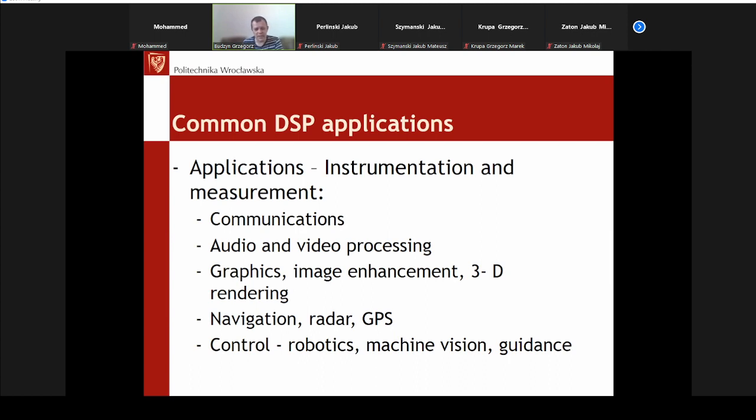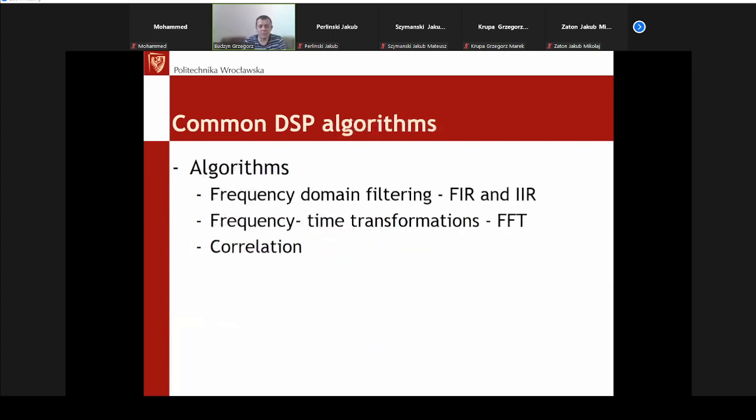I know that you are very much aware of it, but just to tidy things up, or in case somebody doesn't remember: communications, various kinds of filtering, modulations, of course audio and video processing, graphics, various kinds of 2D and 3D graphics, navigation around our GPS, plus things like machine vision, guidance problems, control problems, so all those things.